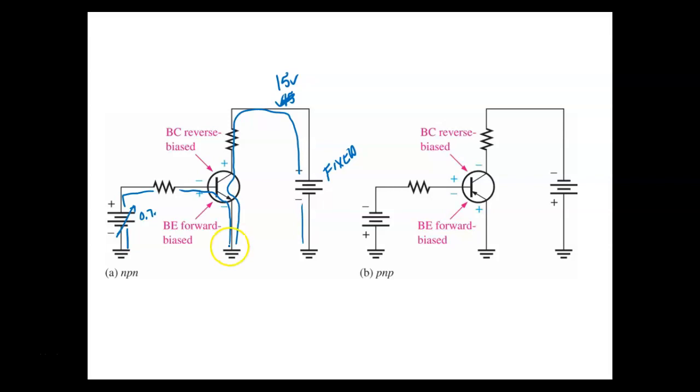Well, look here. So I got this right here. This is emitter current. I've got this right here. This is emitter current. So emitter current is equal to base current plus the collector current.